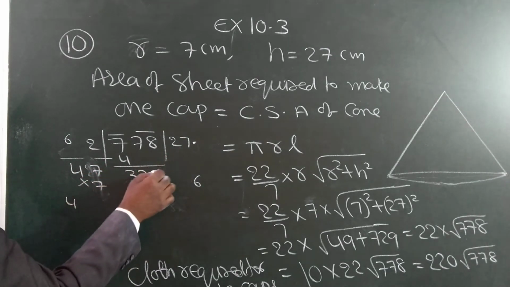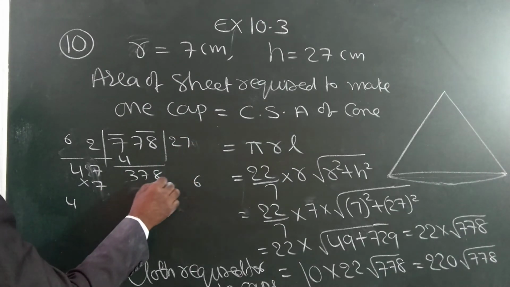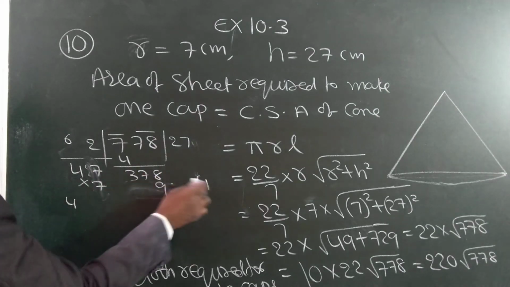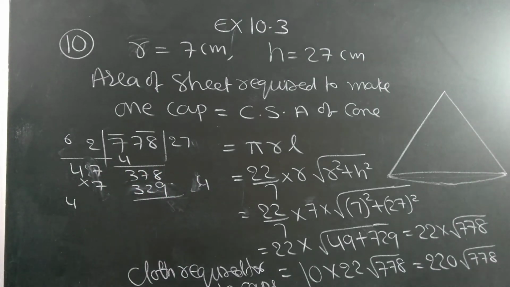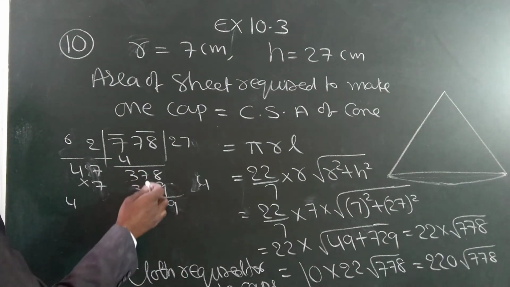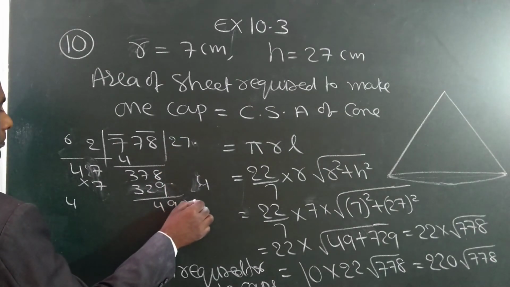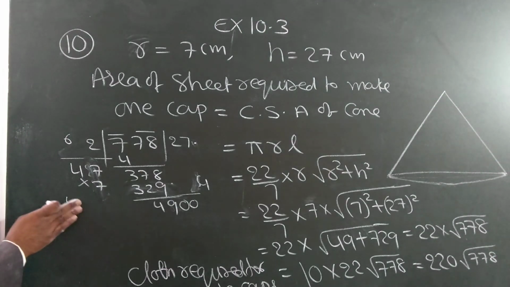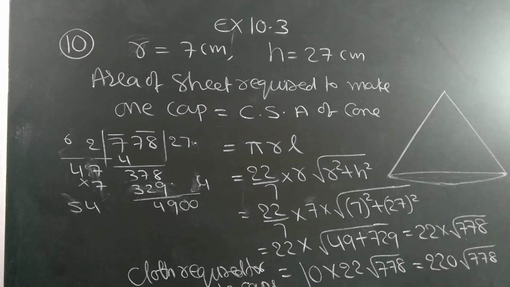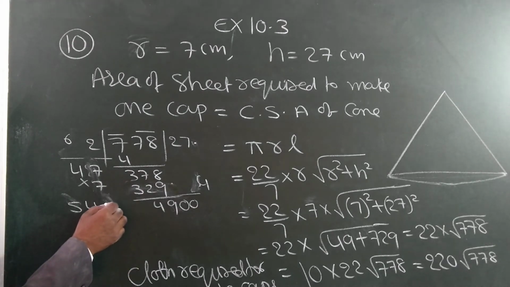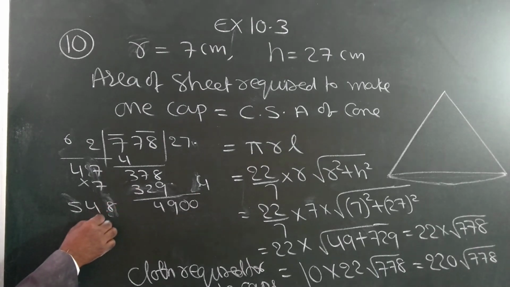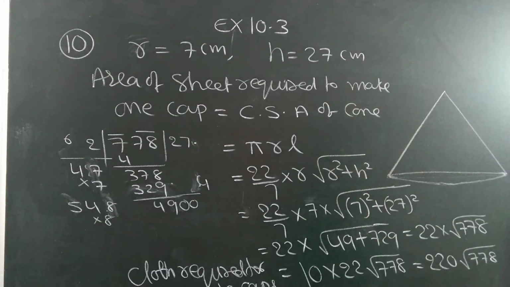Seven times only. 7 sevens are 49. Maybe approximately 27.8. You write down, students.